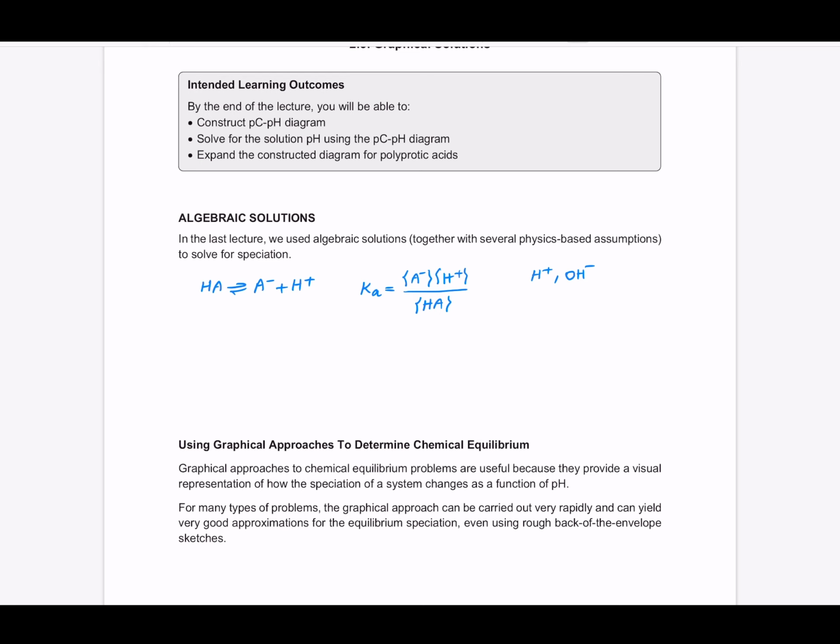And by introducing this reaction, we're introducing A minus as well, and also HA. Using algebraic solution, we basically did N species: if we have N species, then we need N equations.